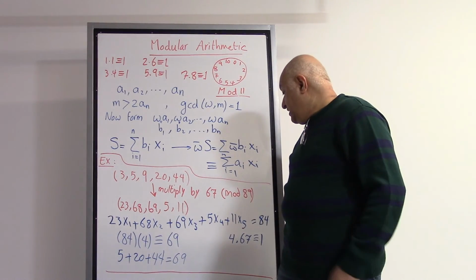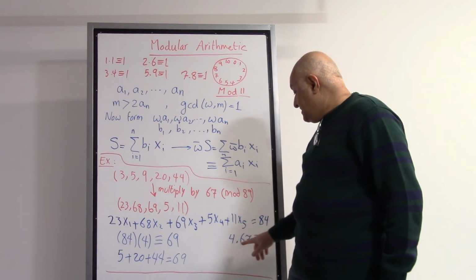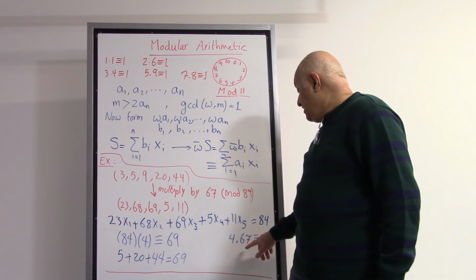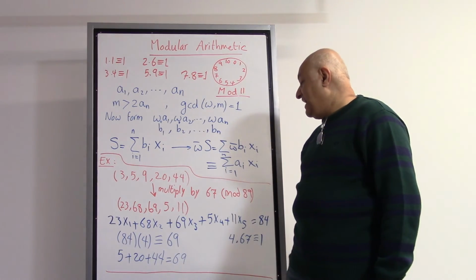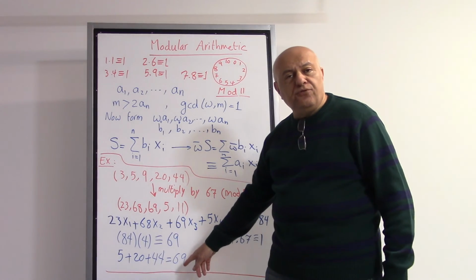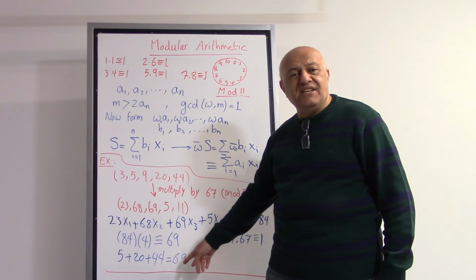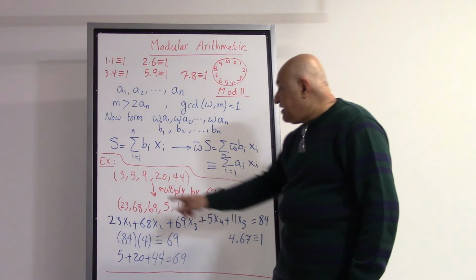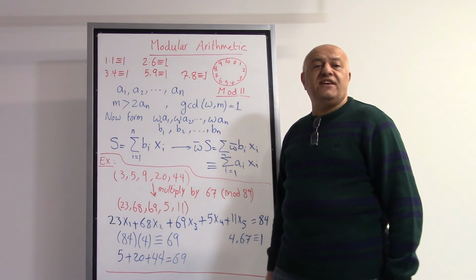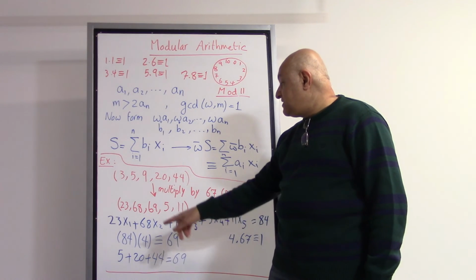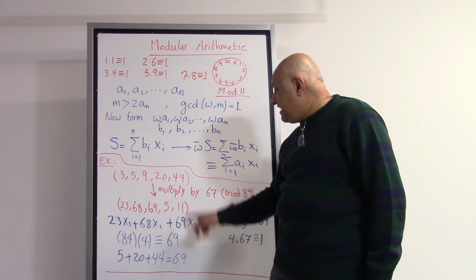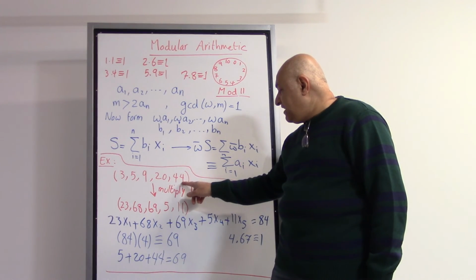Then you multiply 84 by 4 and you get 69, and the only thing you need to do is take this 69 and, using this super increasing sequence, figure out what 69 is equal to. Look, 44 must be there.